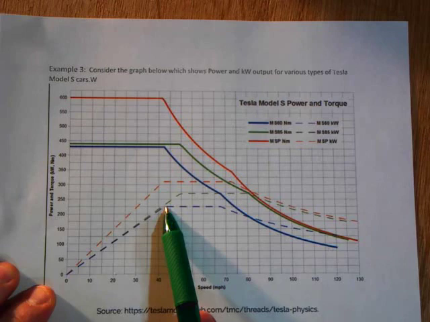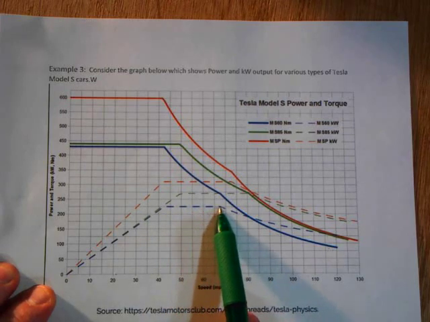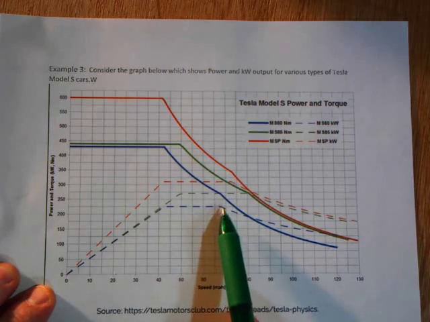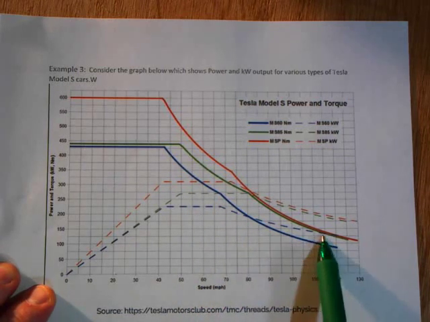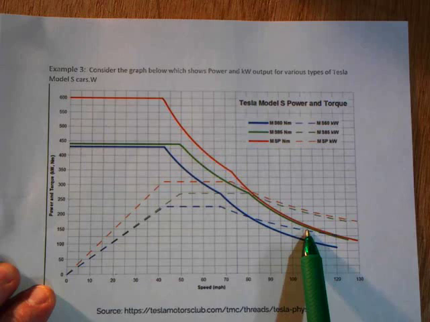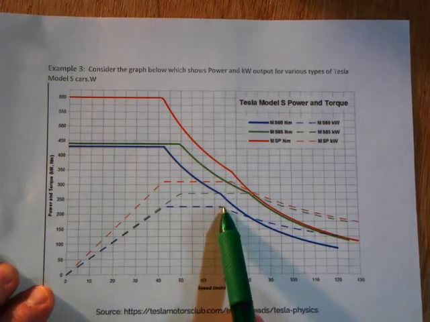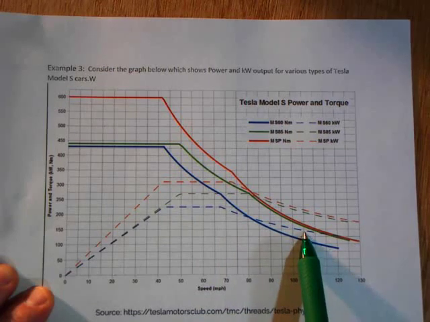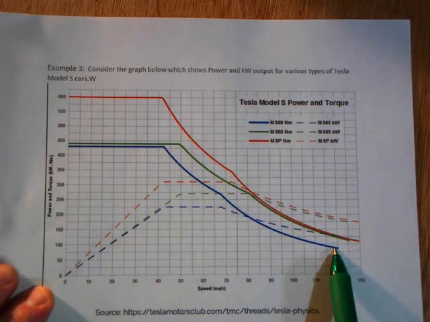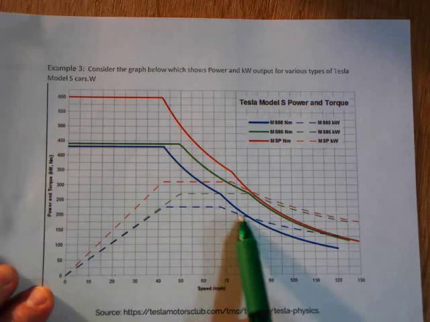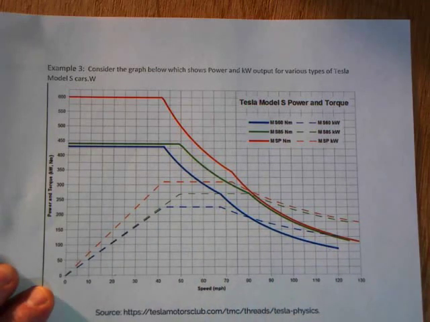You get to 42 miles an hour, your kilowatts stay constant for a while, up to about 67 or so, and then the amount of kilowatts you expend begins to decrease again. I think that makes sense, because your power output is going down. Since your power output is going down, the kilowatts you're using go down.